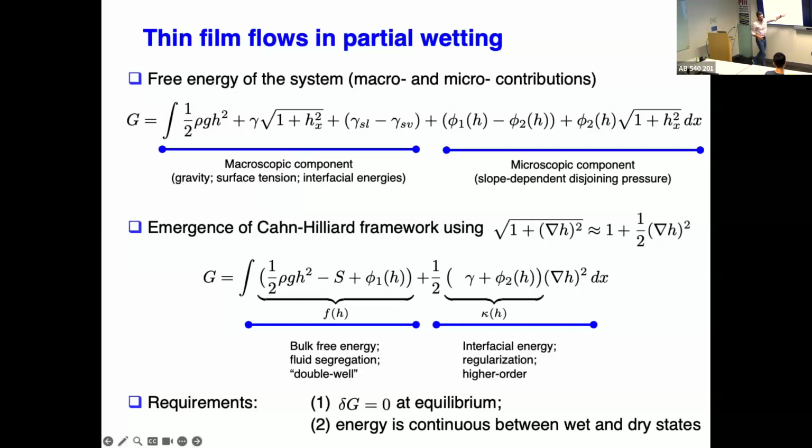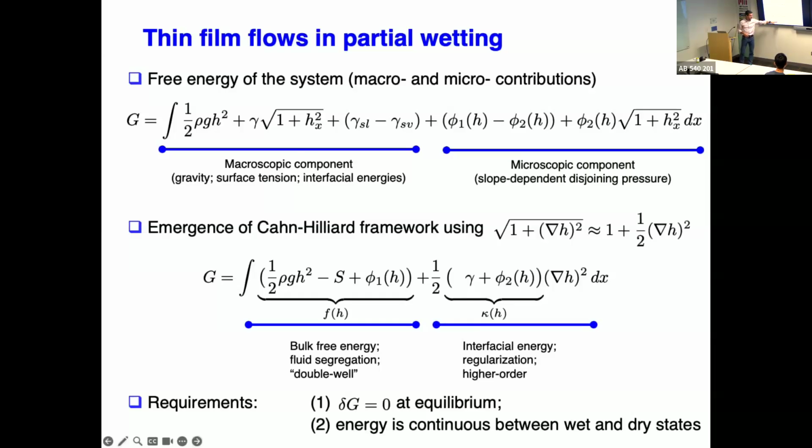You can make some mathematical approximations that are not so relevant so that you end up with a more familiar form of the free energy. But basically it has a macroscopic component that depends only on the thickness of the film. And then it has what is known as an interfacial component that depends on gradients of that interface or film thickness. Sorry. You can impose some constraints.